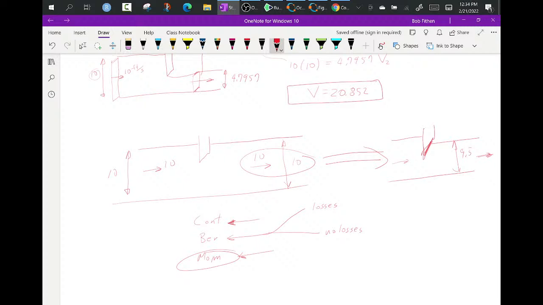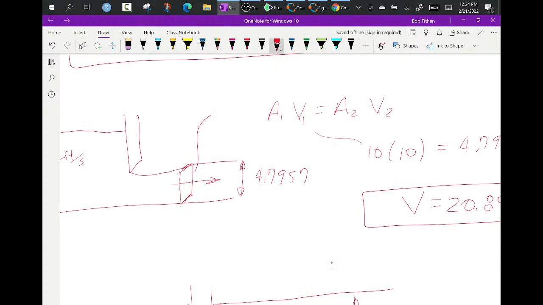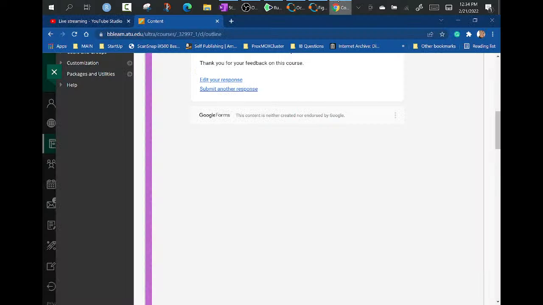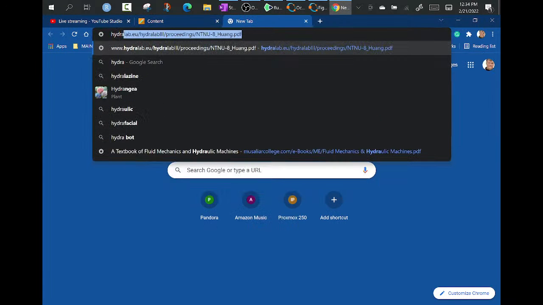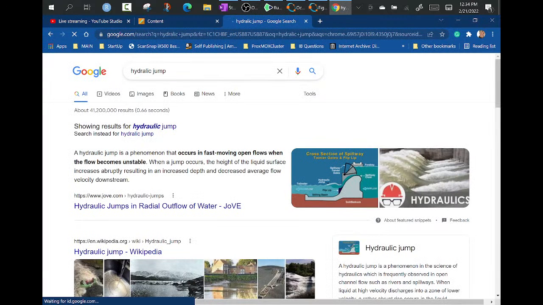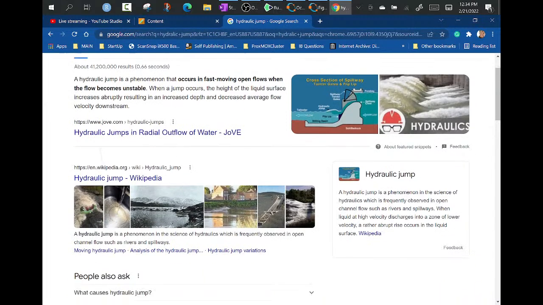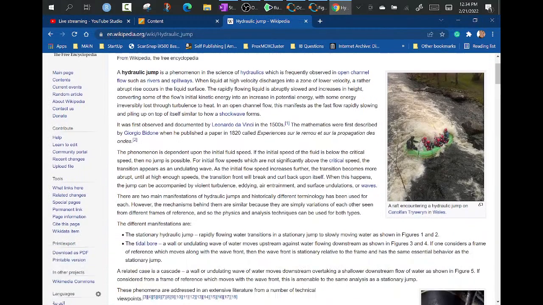And it's possible too that this thing could go down here and lose energy here. So there's a thing called hydraulic jump, which, see if I can find a description of it. Let's see, I misspelled it. Okay, maybe there's a good Wikipedia one.